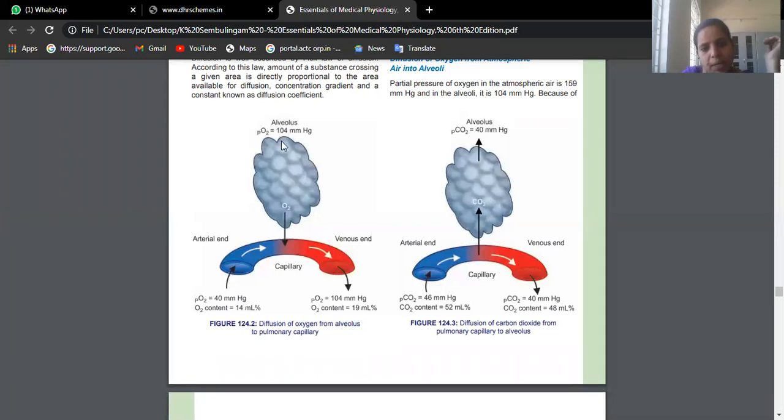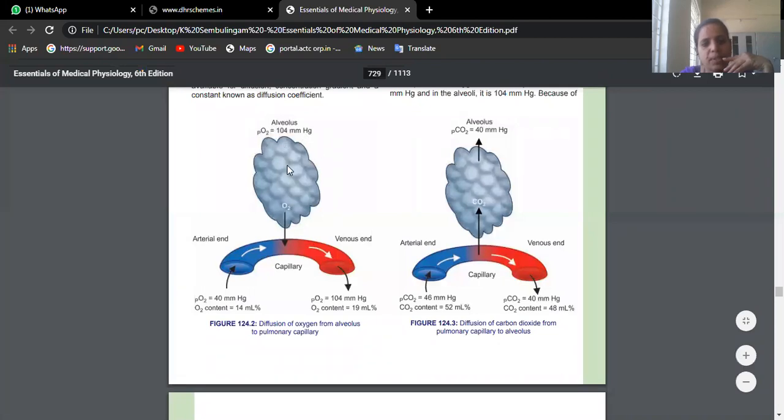So what is happening in the alveolus? See here, this is the capillary and the partial pressure of oxygen inside the alveolus is 104. And the partial pressure of oxygen at the arterial end, how much is it? It is only 40. So where is the pressure more, inside the alveolus or towards the arterial end?